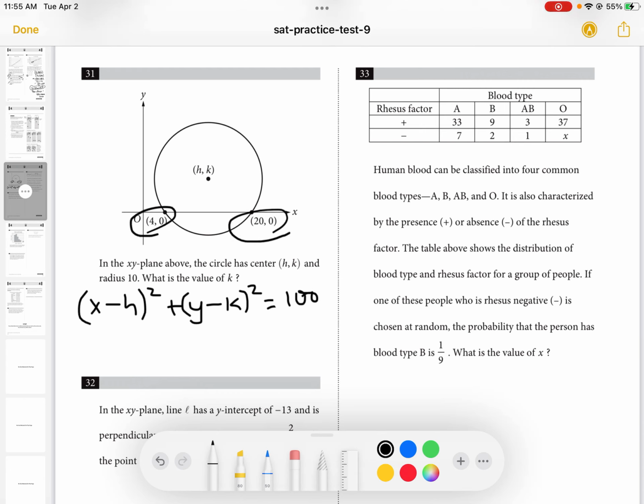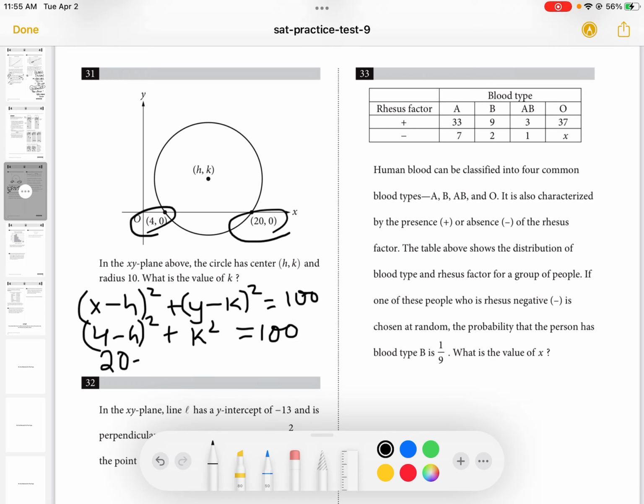Now, let's plug in each of these points. So we get (4 minus h) squared plus k squared, right? y is 0, so the stuff in here will be negative k all squared, which is k squared. That's 100.